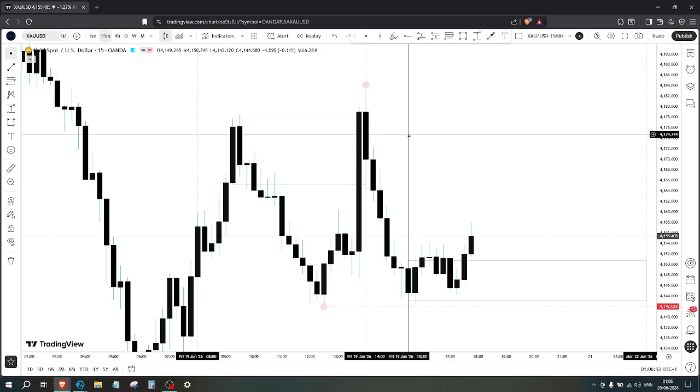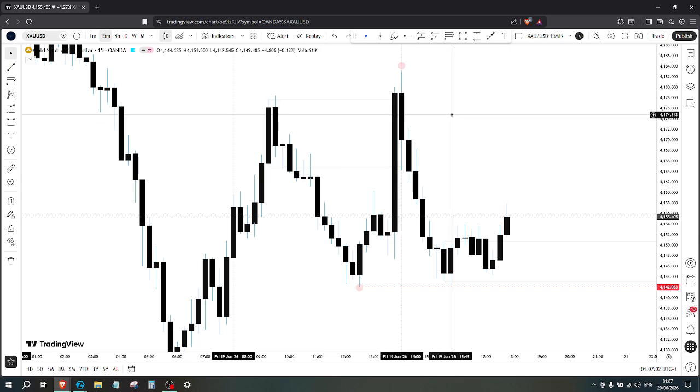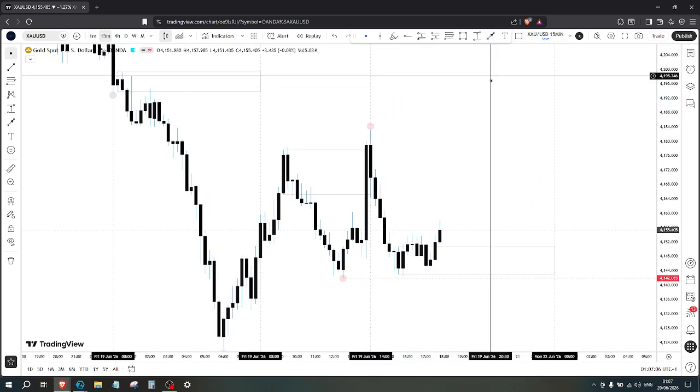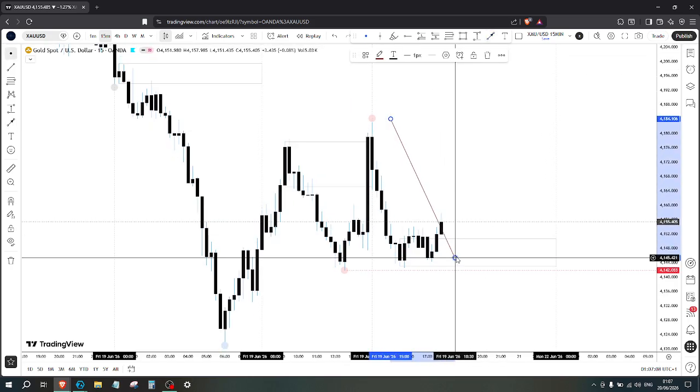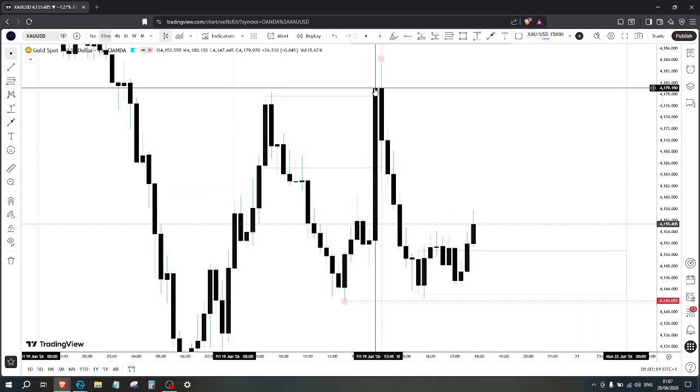So take a look at this now. We go first high, 1:45, 2 o'clock. So now discovery is to the upside. Inverse, opposite way. So now we need first high.